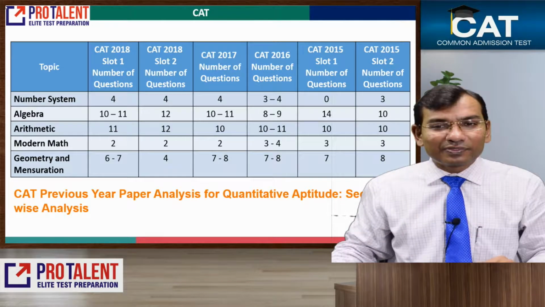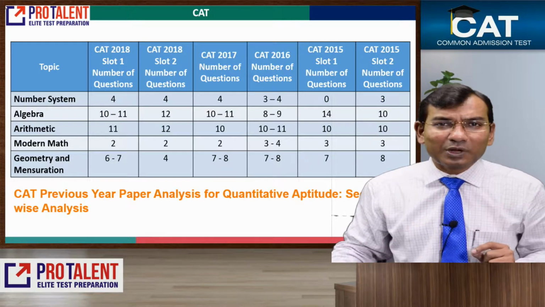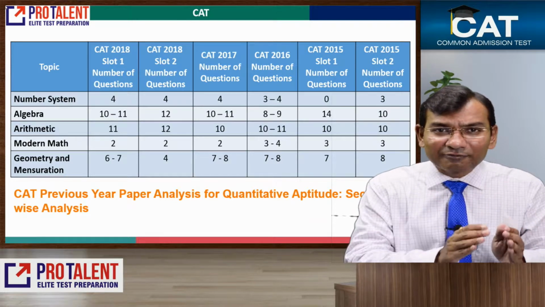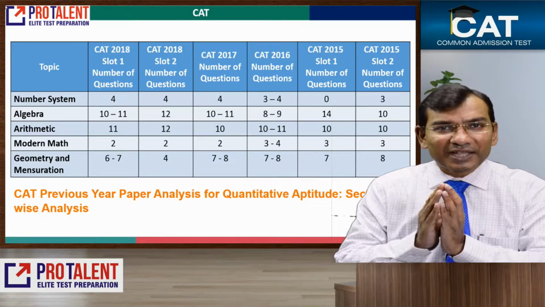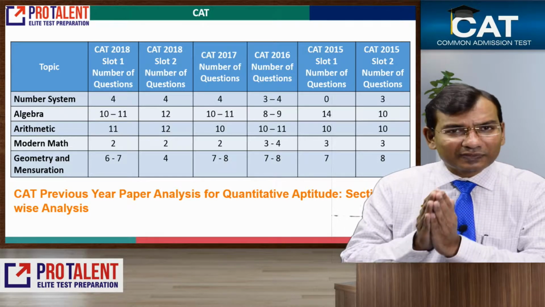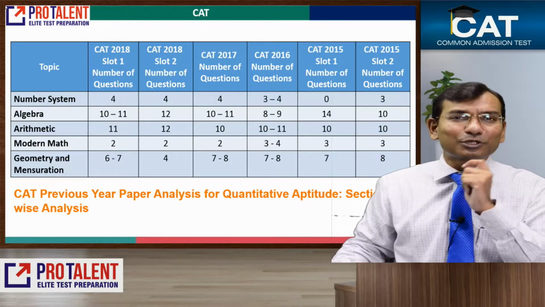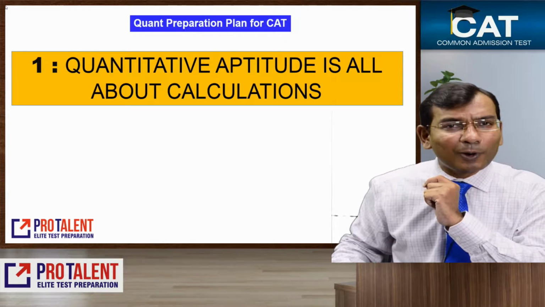Now the next part is, sir, what to do with respect to every topic, and more importantly, what are the important areas where I need to focus with respect to my approach. As I mentioned earlier, I will have to work on many small things. First and foremost, quantitative aptitude is all about calculation.